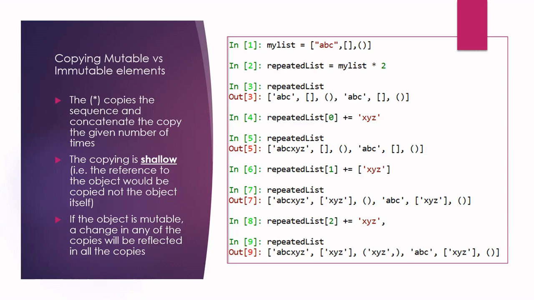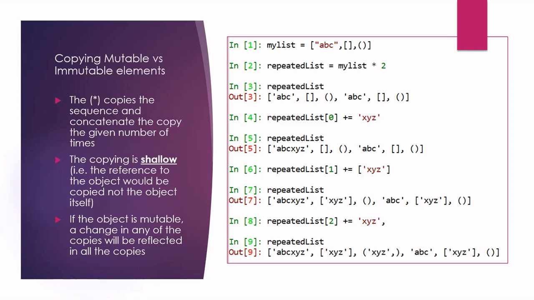But I happen to change one of them. So I happen to change the string in the first location here. Now, if I printed the entire list, the copy remained the same because it's an immutable object, so the original object didn't change. But this value changed because this is the one where I assigned the new object to, right?